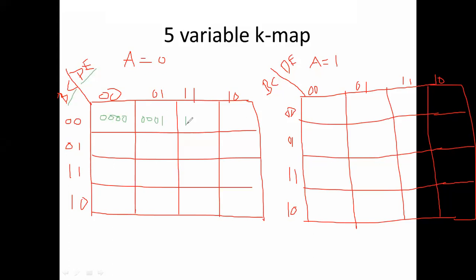Here also BC is 0, 0. D is 1, 1. Here BC is 0, 0, 1, 0. Here BC is 0, 1. D is 0, 0. Here 0, 1, 0, 0. Sorry.